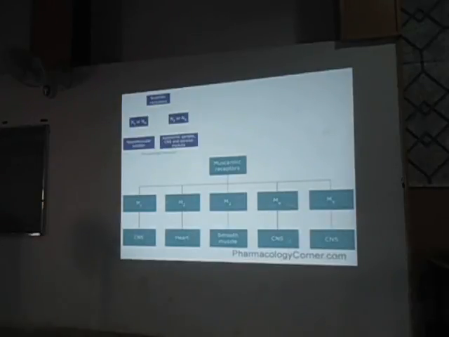That means they can inhibit the action of acetylcholine only on these M1 to M5 receptors. Okay, there are other drugs which can act as agonist here, antagonist here will be at NN, ganglion blockers, parasympathomimetic, all these things. Okay, neuromuscular, autonomic ganglion.